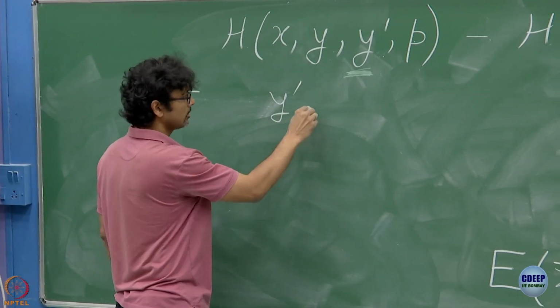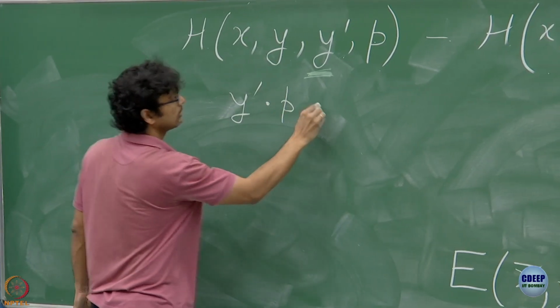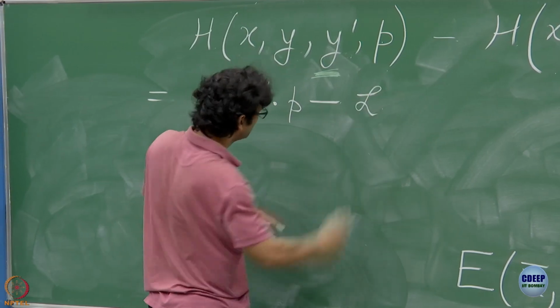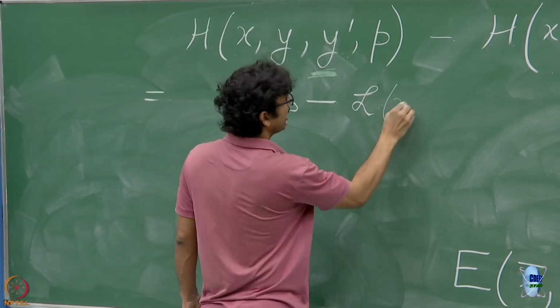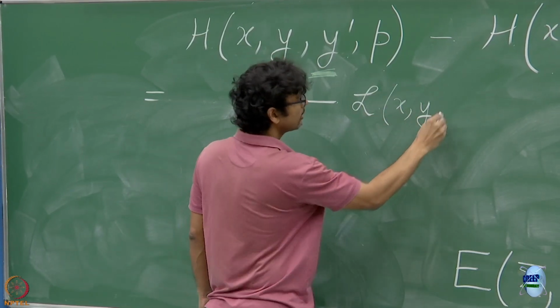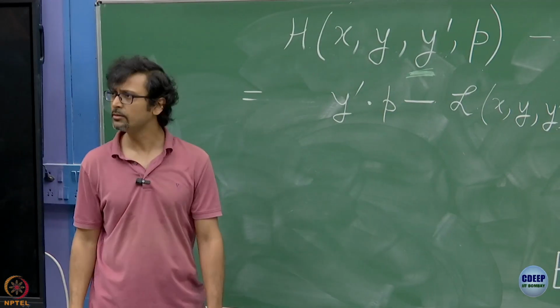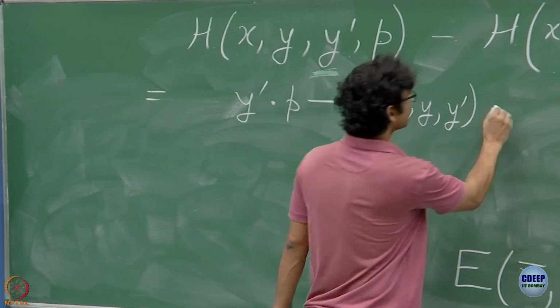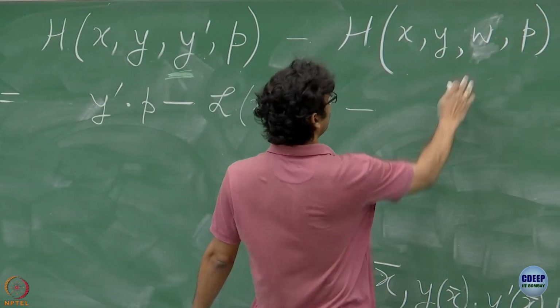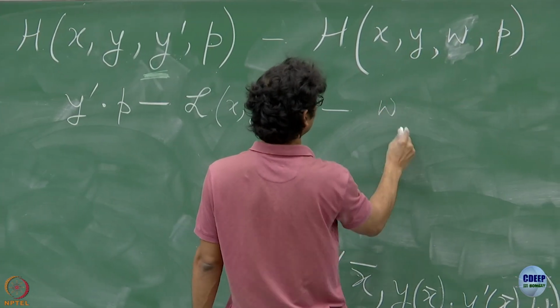Y prime P minus L, let's be explicit, x, y, y prime. Yeah. What about this? Now y prime gets replaced by W, right?